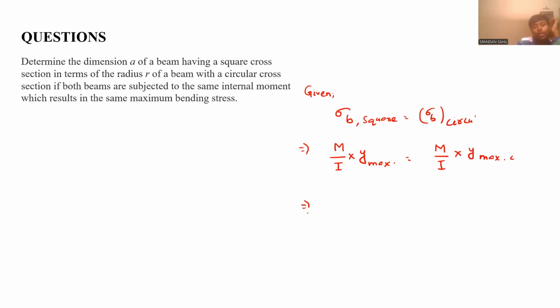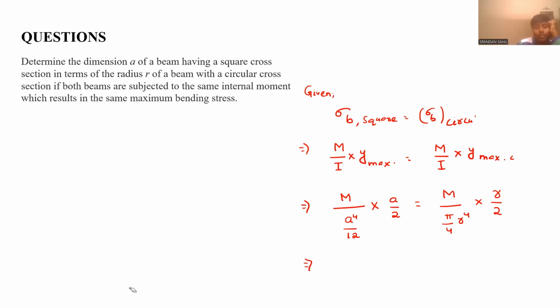So M is constant, they are telling. I is how much for a square cross section? It will be a power 4 by 12. Y max will be a by 2. How much will be the moment of inertia for the circular cross section? It will be pi by 4 into r power 4. And it will be r by 2, y max. So M and M will get cancelled out.